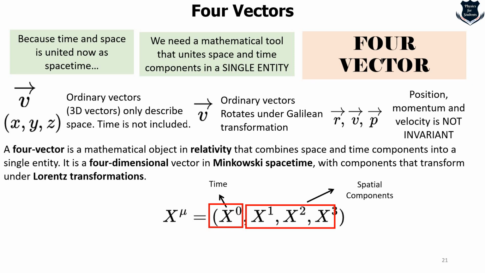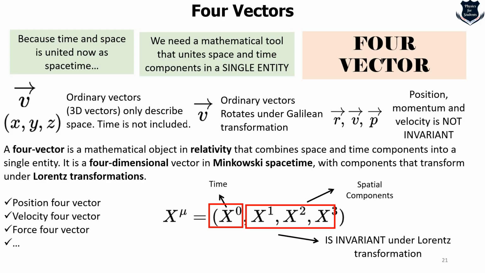This is invariant under Lorentz transformation, so that is good news for us. And there can be others like the position four vector, velocity four vector, and force four vector. So all the vectors which we see in Newtonian mechanics are now united in a single identity, which are called four vectors.